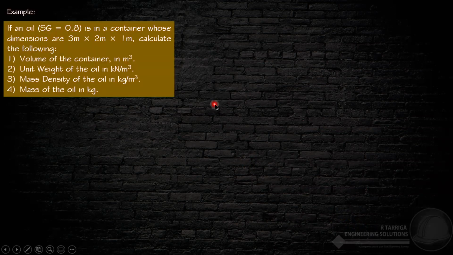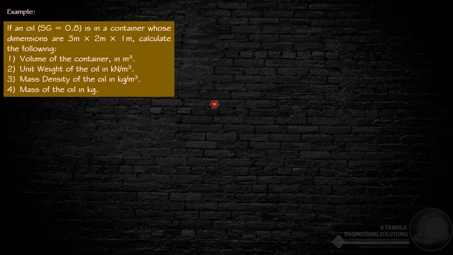If an oil, whose specific gravity is 0.8, is in a container whose dimensions are 3 meters by 2 meters by 1 meter, calculate the following. Number 1, the volume of the container. Number 2, unit weight of the oil. Number 3, the mass density. And number 4 is the mass of the oil.